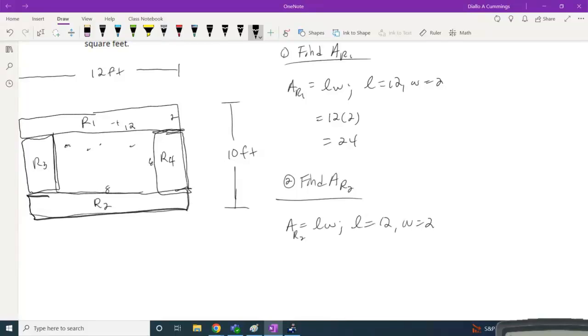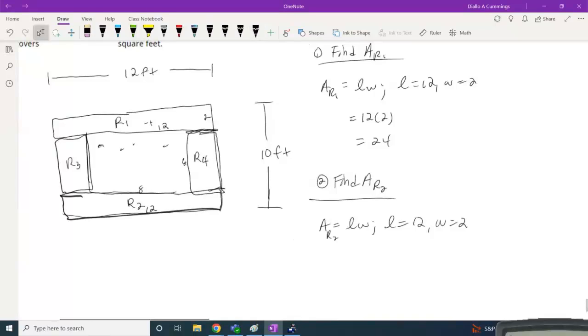The width is going to be 2. My length is the overall length, and since it extends 2 feet, the height is 2. So once I multiply the length times the width, again I get 24. And since I'm talking about area, that should be square feet.